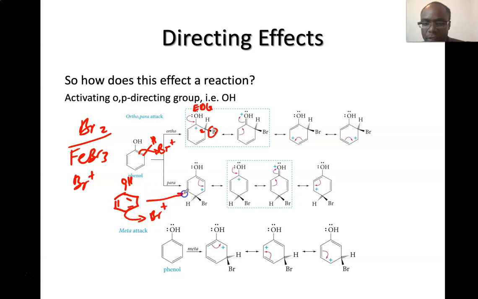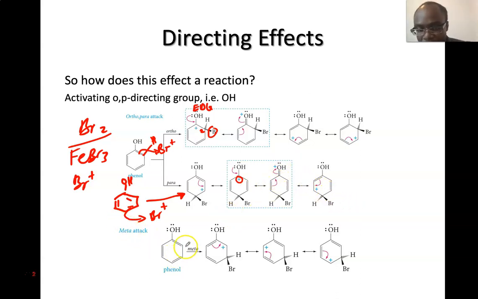Probably you're gonna get this as a first resonance structure, and then you can push the electrons around. When you're done pushing, you'll see that again the plus sign in one of the resonance structures is sharing a carbon with the electron donating group. You want that. Here it's even better because the plus sign is put outside the ring.